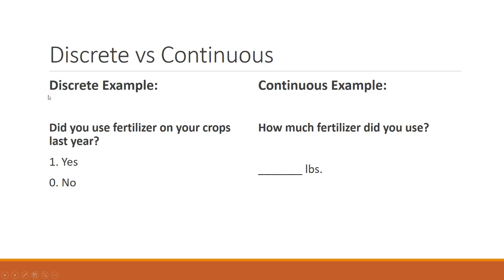Okay, so a discrete example would be, we asked them, did you use fertilizer on your crop last year? 1 indicates yes, 0 indicates no. Very common, discrete. A continuous example would be, how much fertilizer did you use? In this case, they would have to give a number, and that number could be anywhere from 0 to infinity. So that would be a continuous variable.